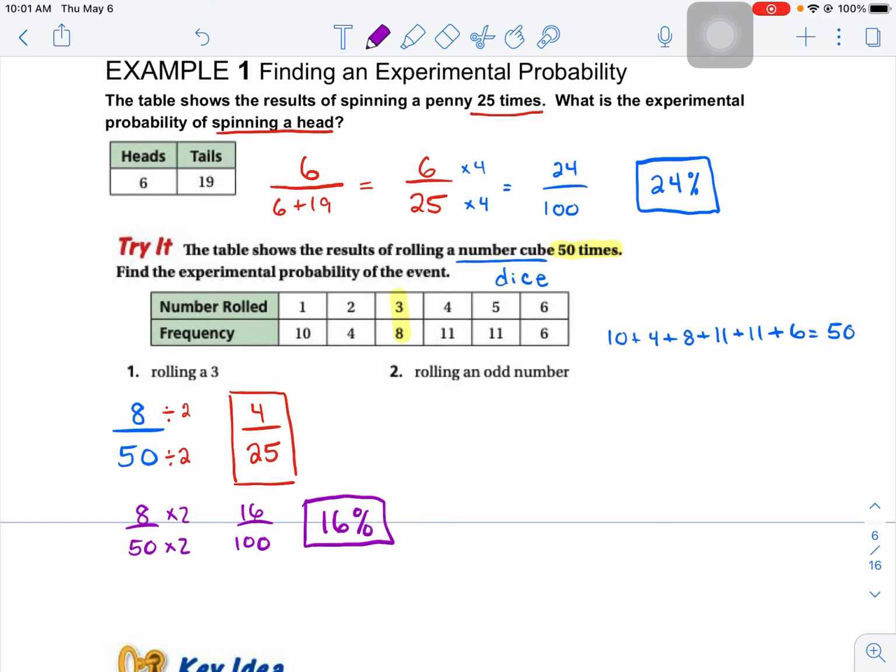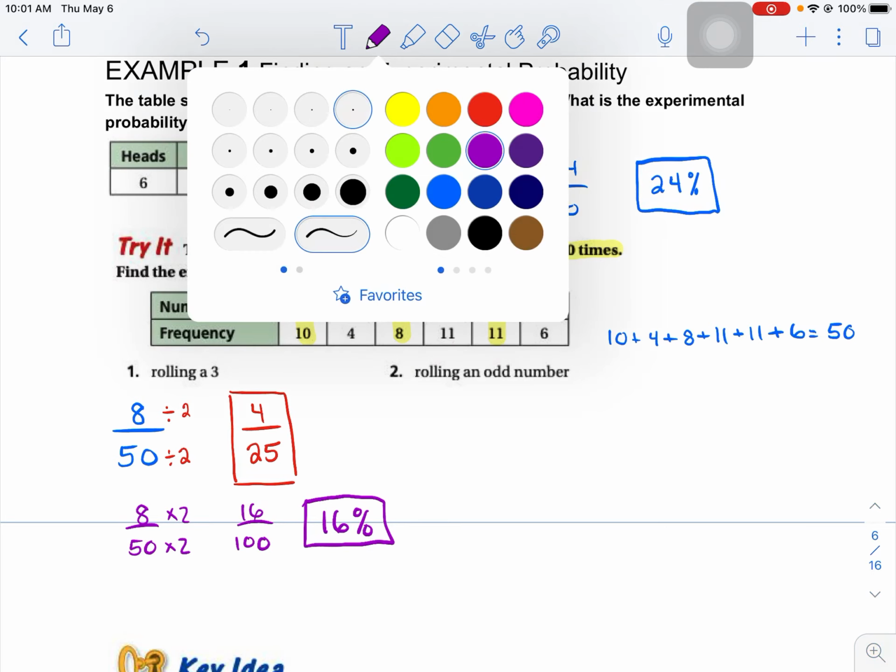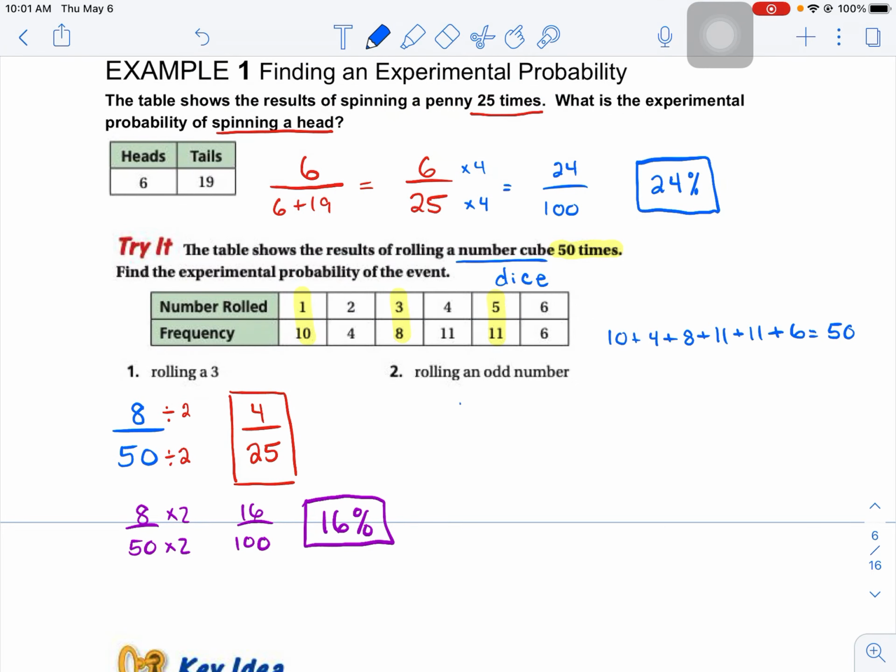Okay. Question 2 says rolling an odd number. Well, an odd number would be 1, 3, and 5. So if I added those up, I did 10 plus 8 plus 11, all divided by 50.